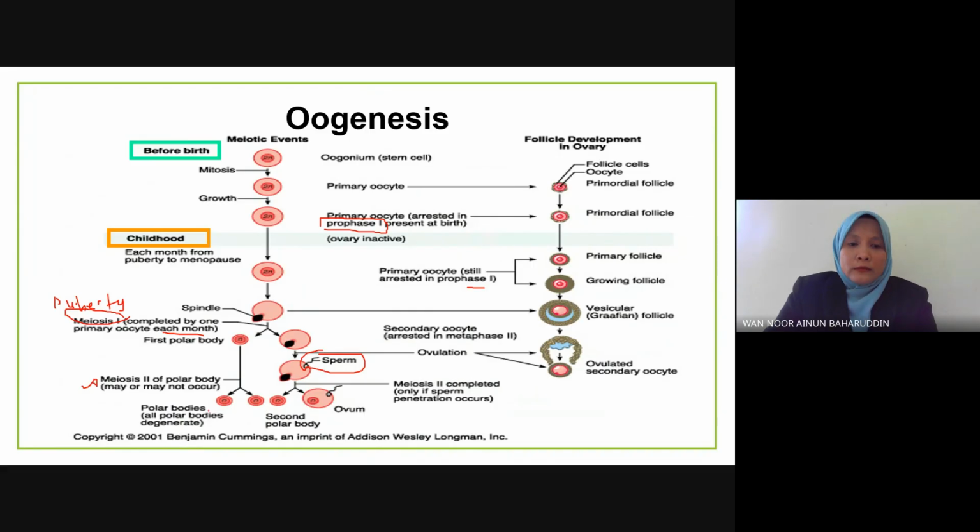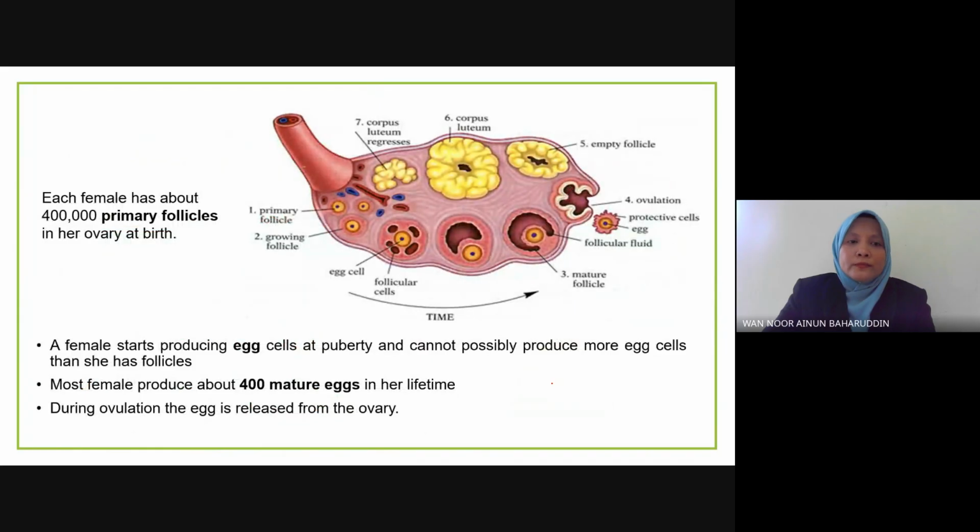This may or may not occur, because of a lot of factors, but if there's fertilization between sperm and ovum, they complete meiosis 2, and the process is complete until they give birth. Now, this is about the follicles that should be known.